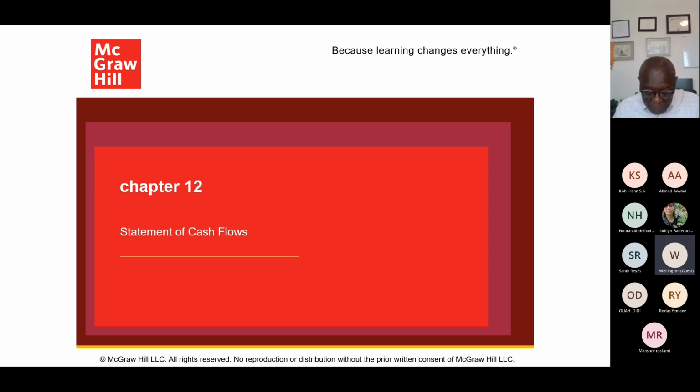Then wages payable has decreased, a liability item. That means we have paid part of the wages payable, so that would be a minus. Now unearned revenue has increased. That means we have received money because it's a liability item. When it is increased, we receive money.